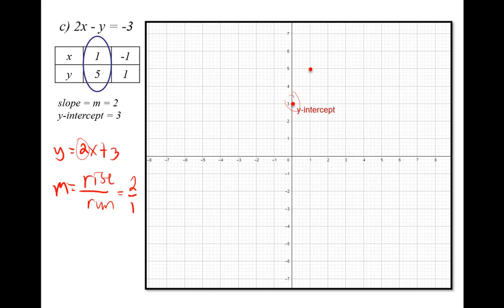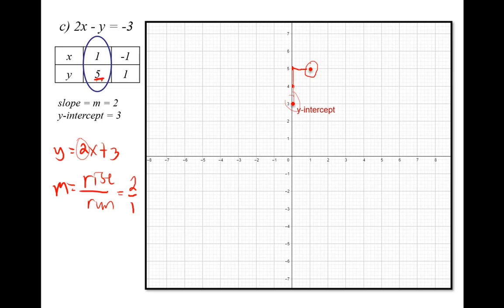Depende yan. You can go up or you can go down. Okay? So, in this case, kaya tayo naka-arrive sa point na to is because yung rise na 2 units, we moved 2 units above the y-intercept. So, this is 1 unit, 2 units. Kaya 5. Kaya meron tayong 5 na value ng y.